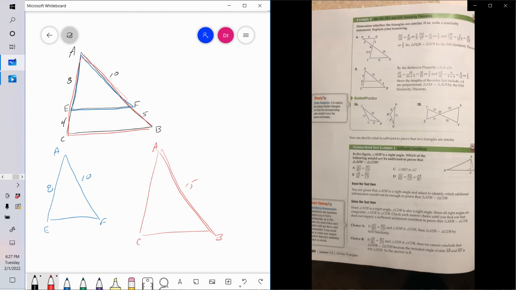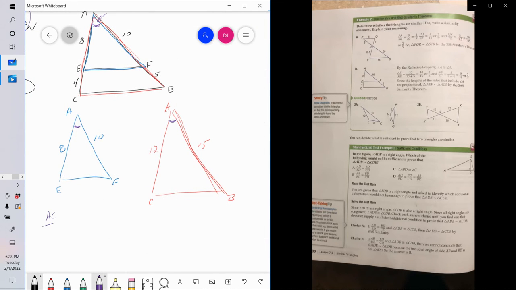This part is 10, this part is 5, the whole distance is 15. AC, this part is 8, this part is 4, so that's going to be 12. Now we know that angle A in this triangle here and angle A in this triangle here, those are the same. And I know that those are the same because they are the same angle up here in the original diagram.